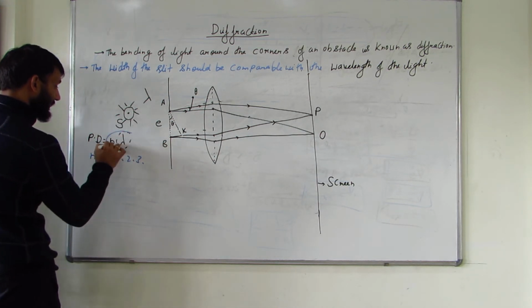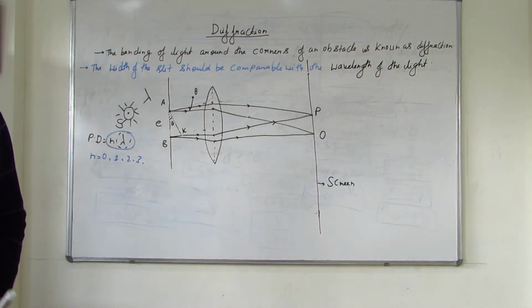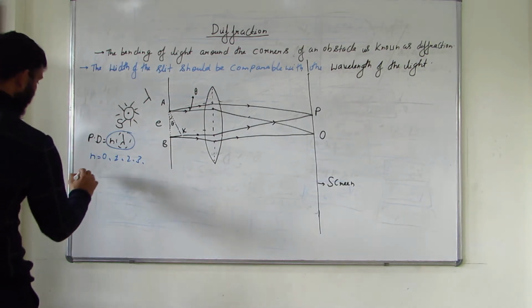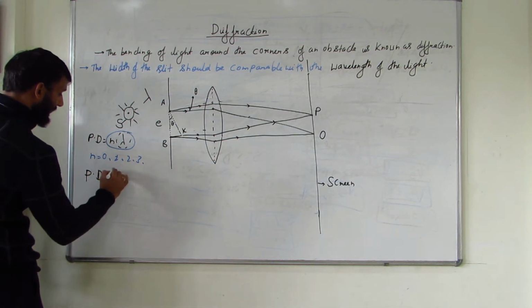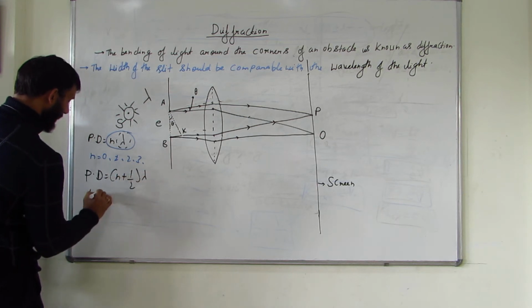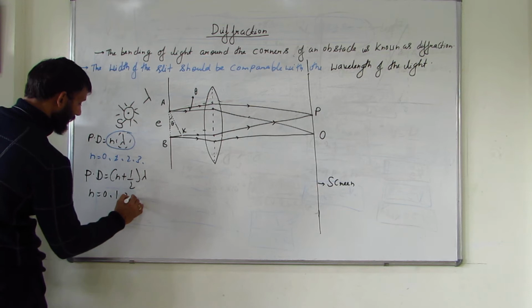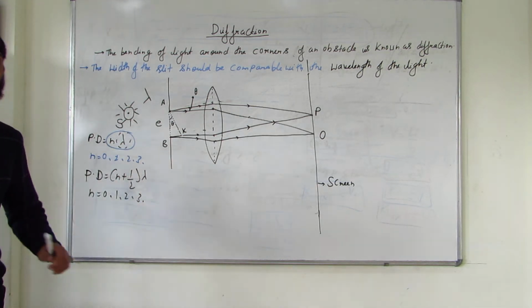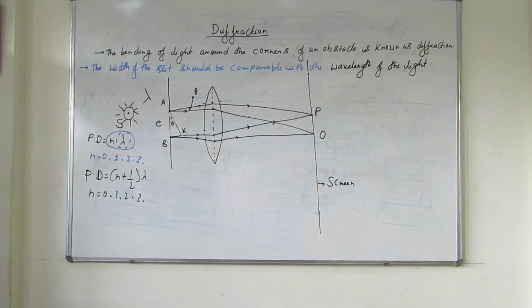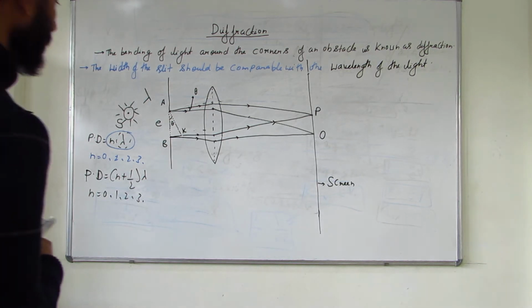If you have an integral multiple of lambda, you will get a bright point, that is constructive interference. And if you have your path difference as (n plus half) into lambda, where again n is equal to 0, 1, 2, 3, that would be the condition for destructive interference, or a dark point.